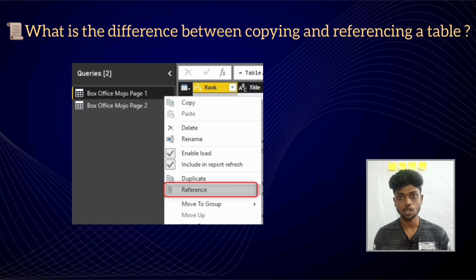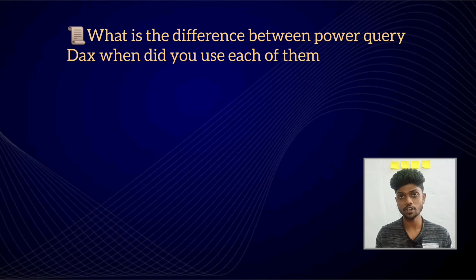Referencing a table means you are creating an exact copy of the existing table, but here the referencing table is dependent on the original table, which means if you do any modification in the original table, it will automatically be reflected in the referencing table.